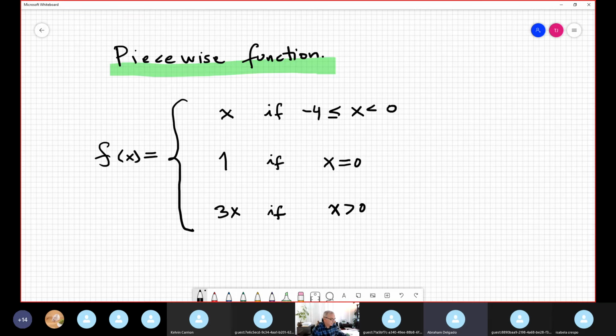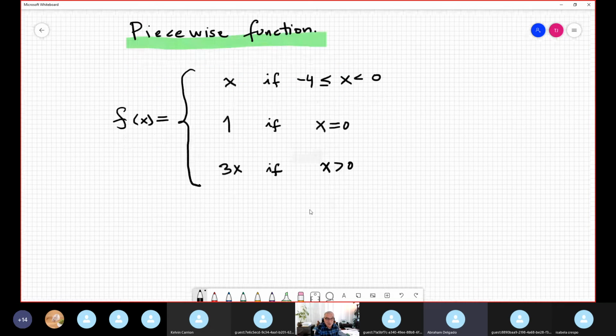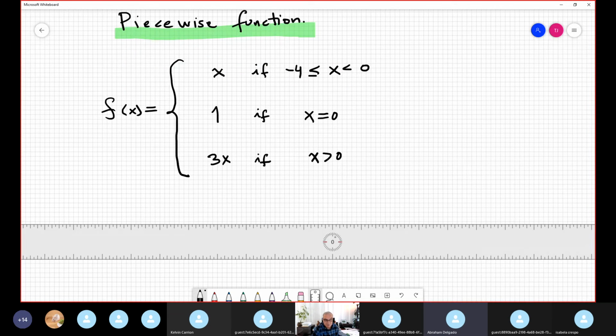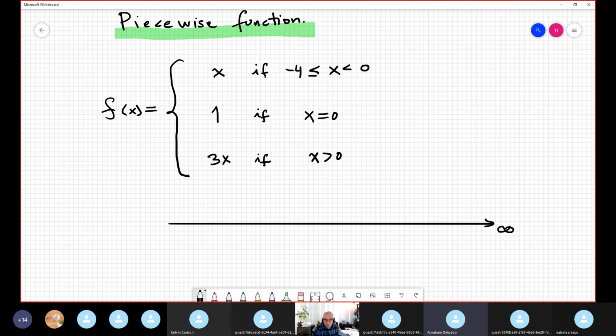Let me try to interpret this idea. What does that mean? Well, you have the famous real line again. Infinity positive, infinity negative. 0 here. But unfortunately, our domain starts at -4. -1, -2, -3, -4 here.